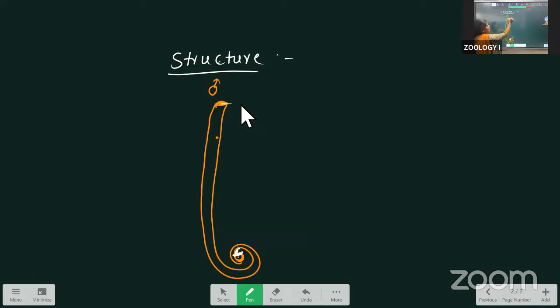This one is the mouth, surrounded by chitinous lips, and near the mouth on the ventral side the excretory pore is present.